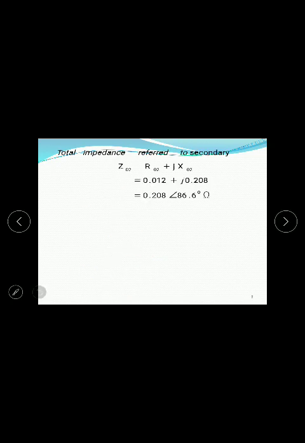Here the total impedance is referred to the secondary side. Impedance is nothing but R plus jX.